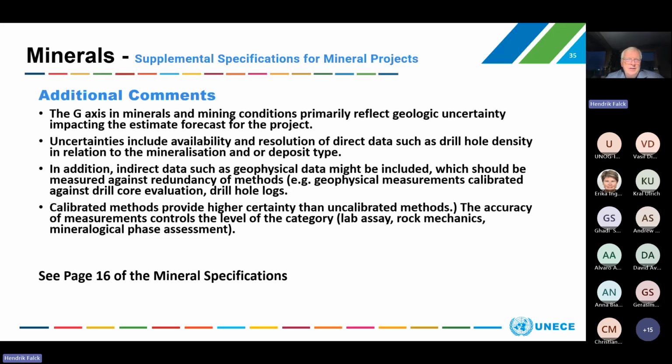These uncertainties reflect the availability of direct data, such as how many drill holes you have through the deposit, and what your sample spacing is. Can you be confident that the ore deposits are continuous and that you can trace them, that you understand the geological complexities of your situation? That allows you to determine what level of confidence you can apply here.